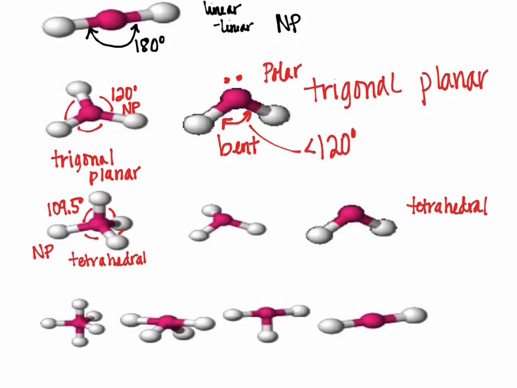Now, if we remove one of those atoms, what happens is now we've got a lone pair. The angle between these atoms is going to become smaller because of that lone pair, and this is going to be less than 109.5 degrees.